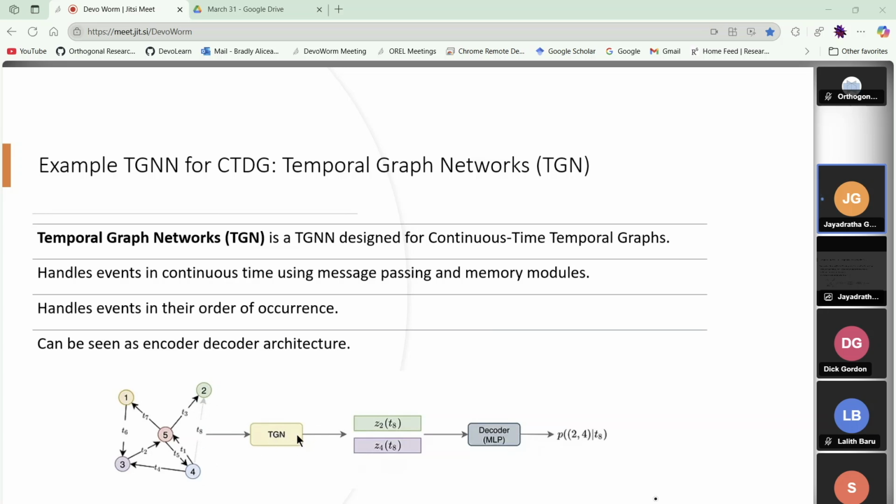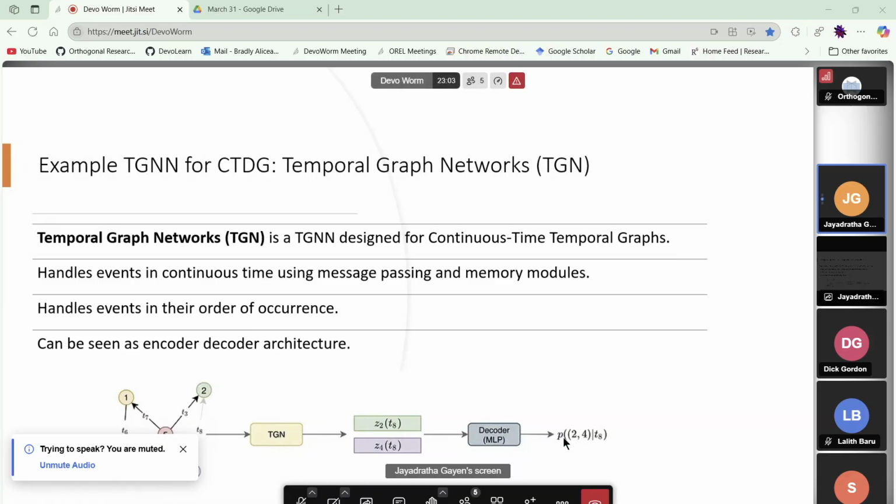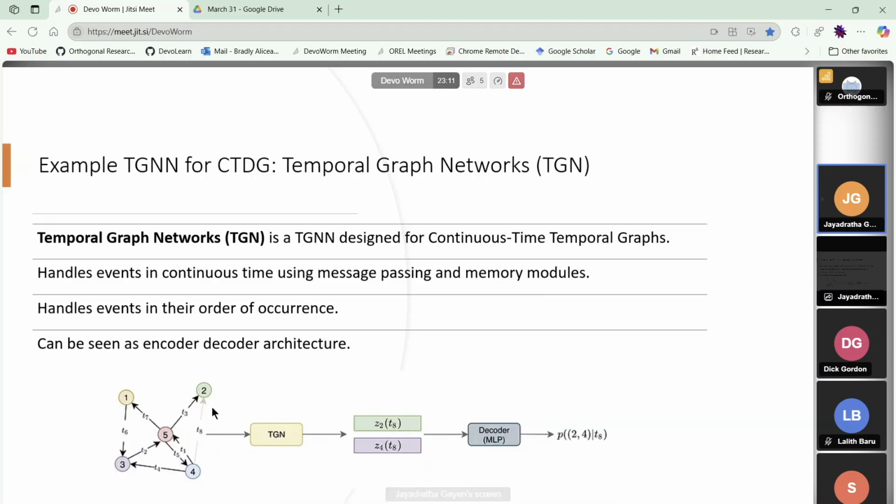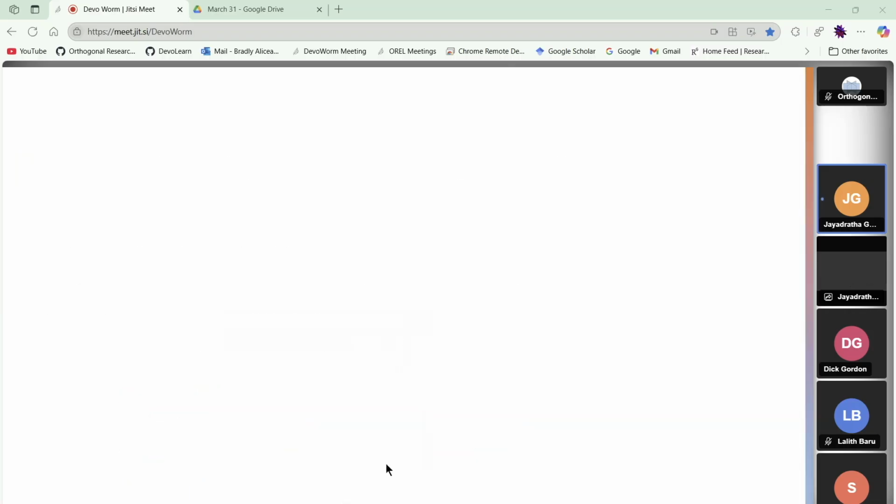So we run TGN, and we get the updated embedding at T8 of this edge, pass it to an MLP or some other decoder, and then we try to predict the probability at time T8. What is the probability there will be an edge between 2 and 4? So it handles events in order of occurrence, events in continuous time, using message passing and a memory model.